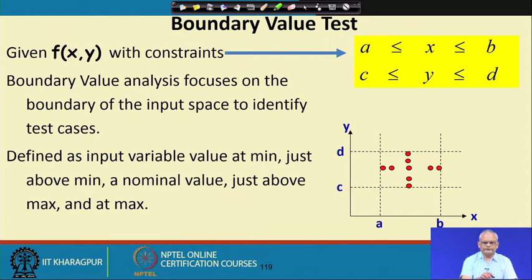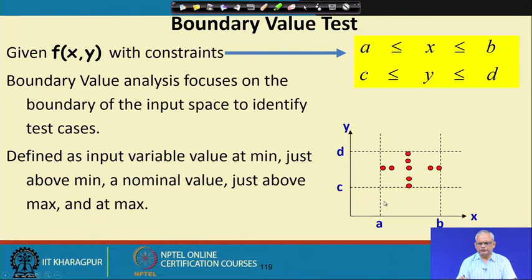Let us say we have a function f x y, the function f takes 2 integer parameters x and y, and x takes value between a and b, and y takes value between c and d. Now, how many test cases are needed?